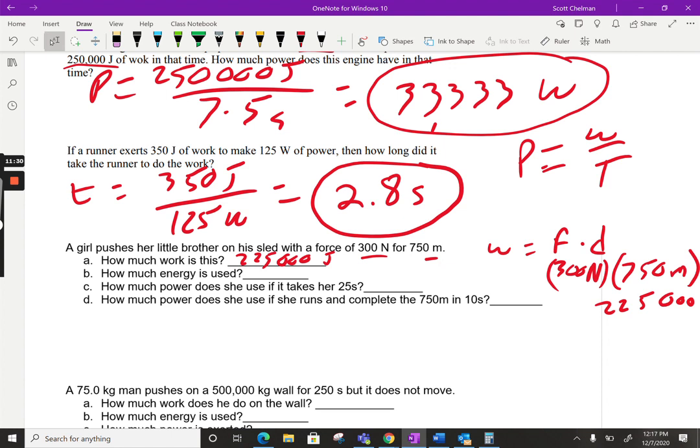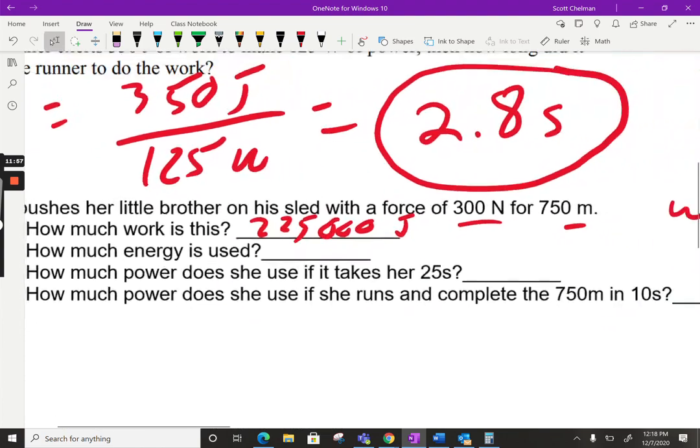How do you do work? Oh, come on. After work, you're tired, right? Why? Because you used energy. So how much energy is used by the little girl? Well, that's how much force. But how much energy is this, right?